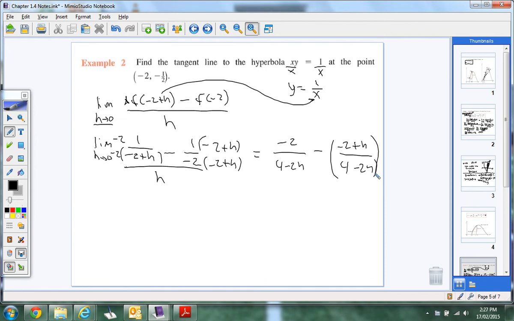Okay, so now we have a common denominator, 4 minus 2h. Don't worry about the over h. It's all over h. We'll get to that in a second. We're just trying to get these fractions together. Okay, that's what this crazy work's about right now.